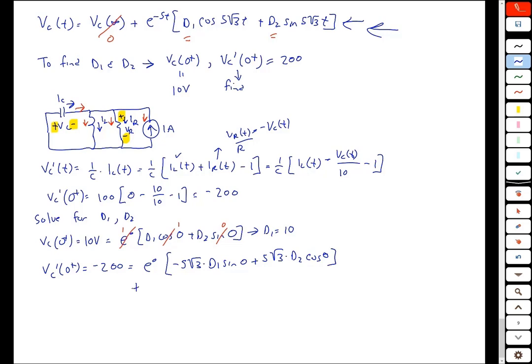The derivative of e to the minus 5t is minus 5 e to the minus 5t evaluated at time 0, times d1 cosine of 0 plus d2 sine of 0.